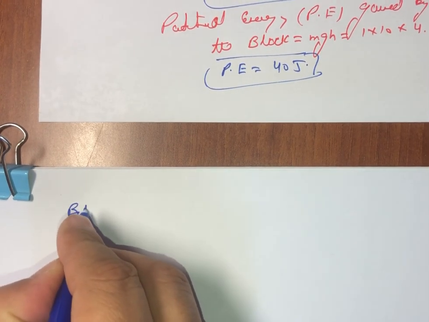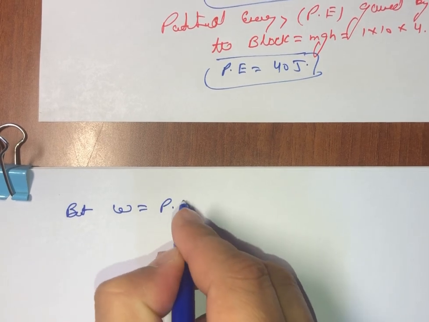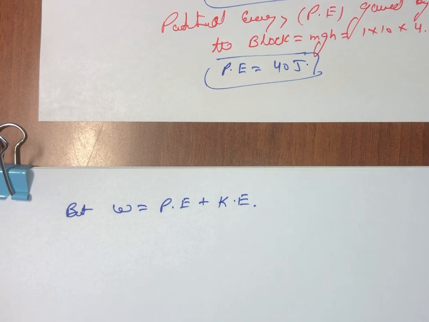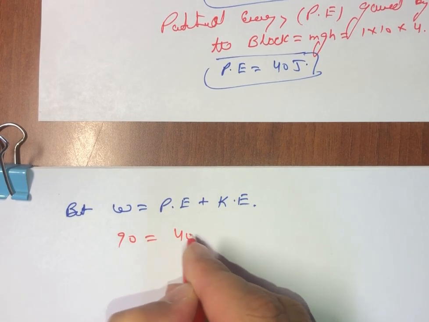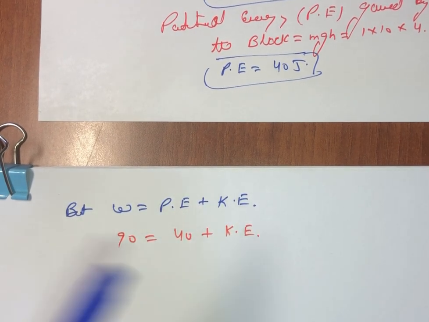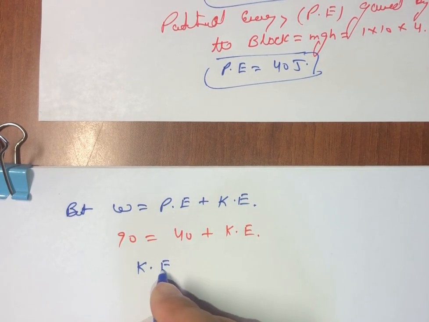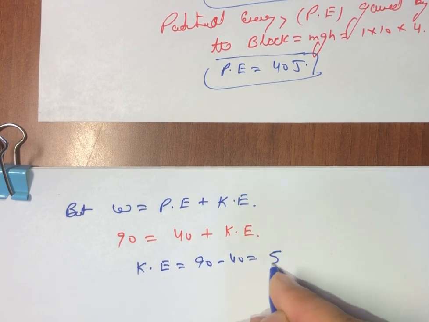Work done is equal to potential energy plus kinetic energy. We substitute the values, we get 90 is equal to 40 plus kinetic energy, and from here we can say kinetic energy is equal to 90 minus 40, which is given as 50.